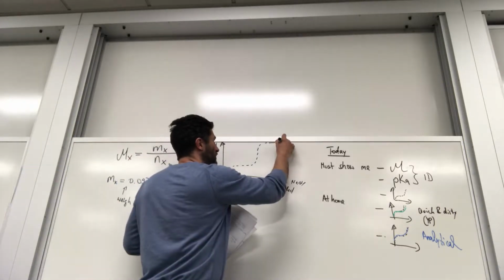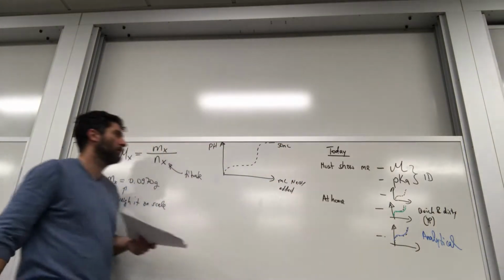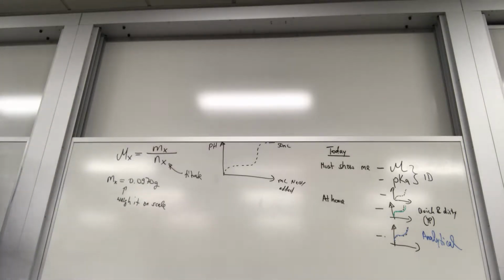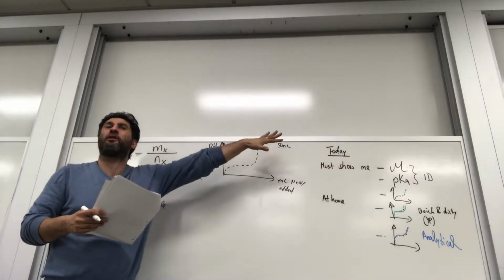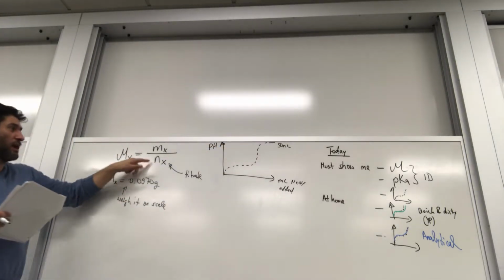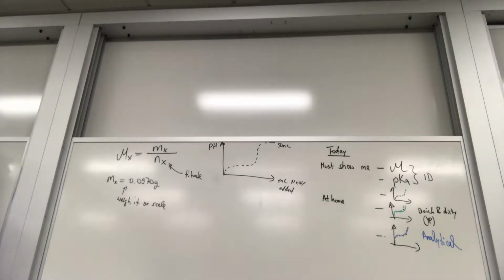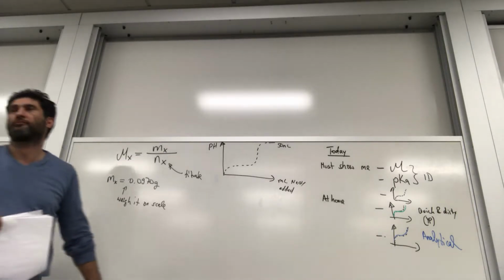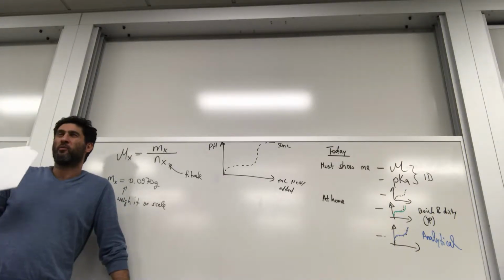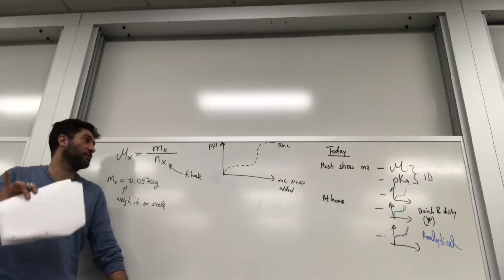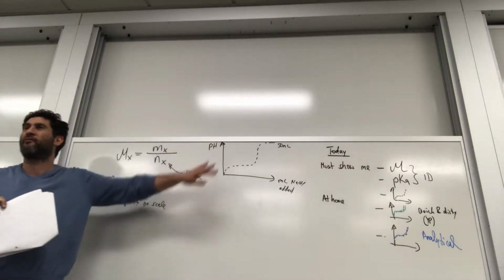So we titrated about 50 milliliters. Most people probably around 40. The question is, which data point from this curve can I use to calculate the moles of acid? Which specific point on this graph?